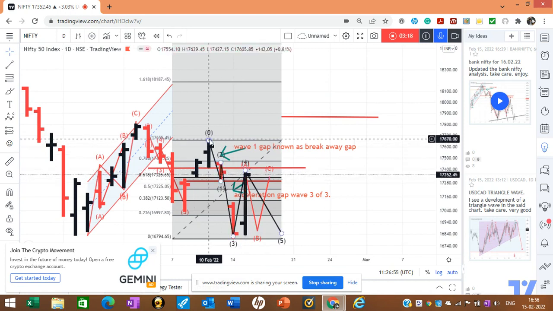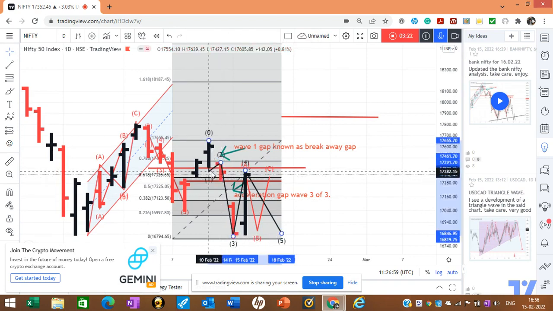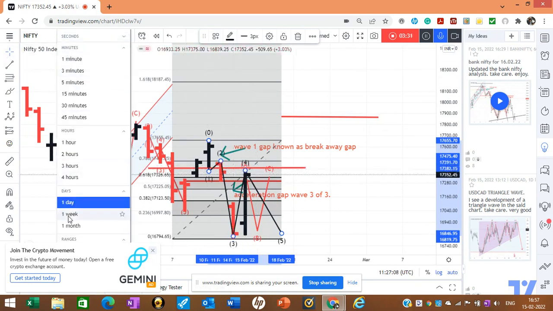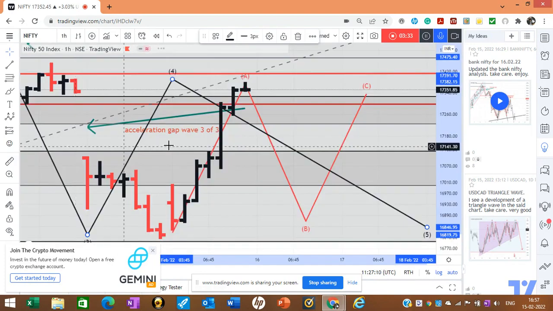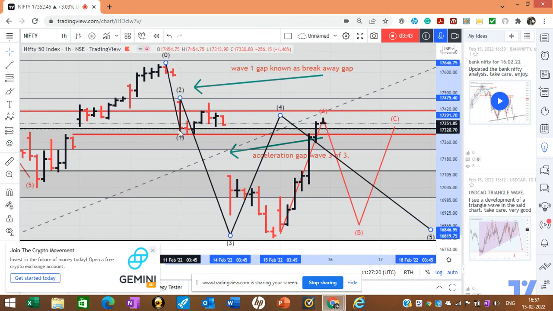If I take the waves from this point, one, two, and three, I don't see a breach on a daily chart. But on an hourly chart, I see a clear breach of the price action, and the fourth wave coming within the price action of the first wave, and that is a problem.